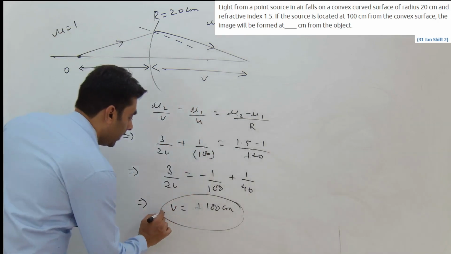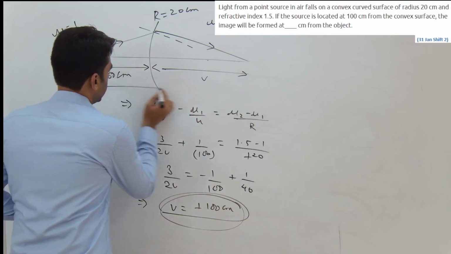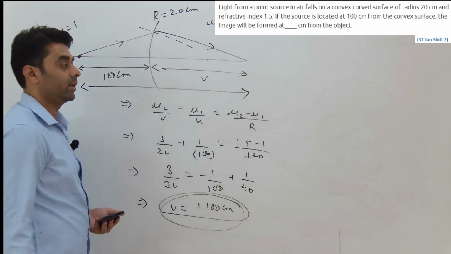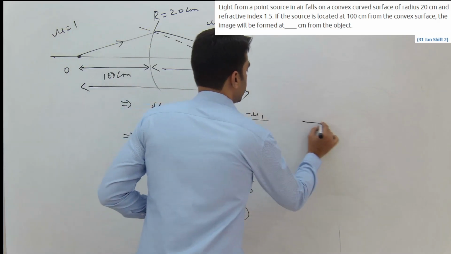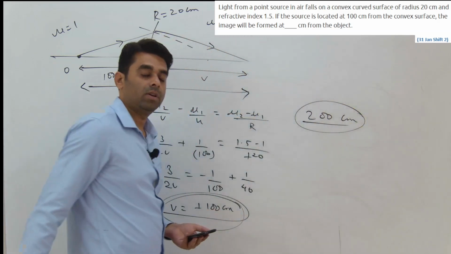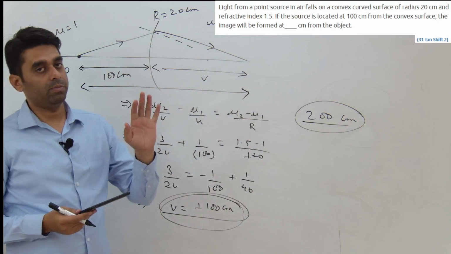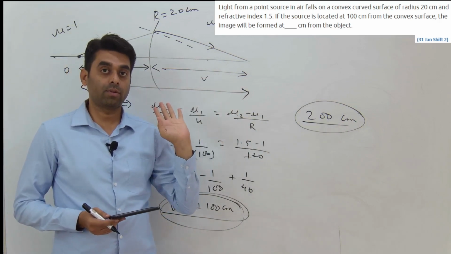So v value is 100 we got, but in the question they are asking us the distance from the object. So this distance will be 200 centimeters. Please be careful with this. It is a very small, minor thing, but it will change your answer.